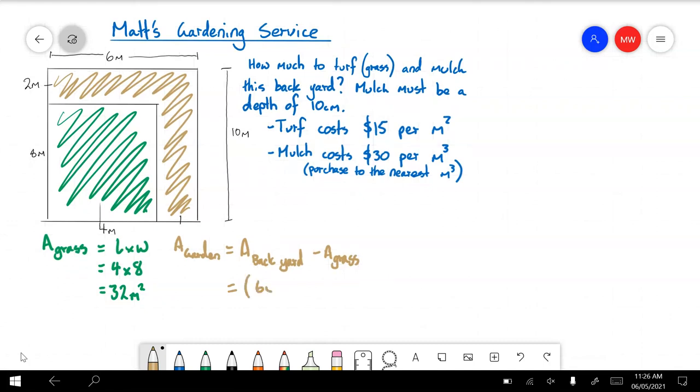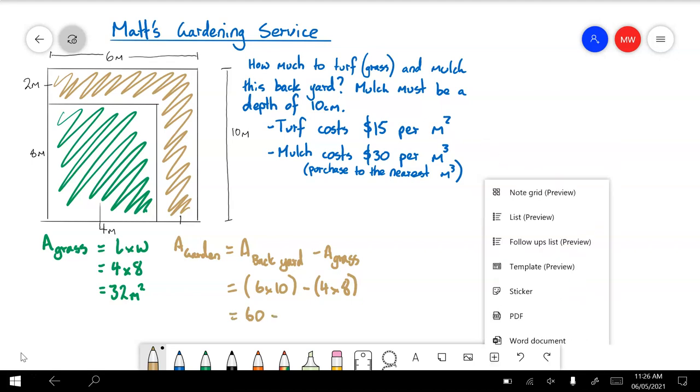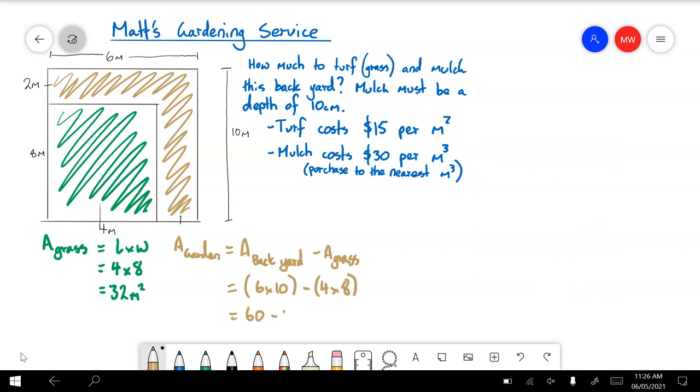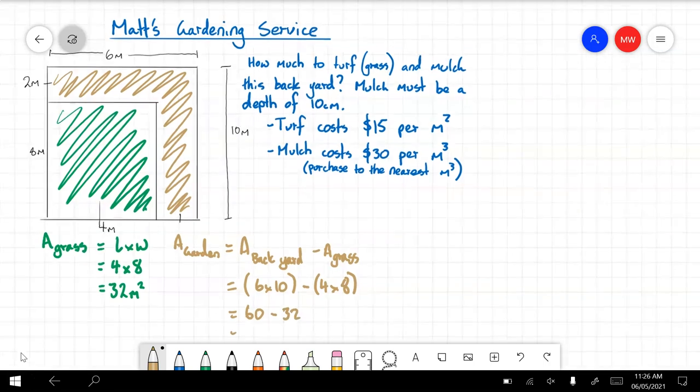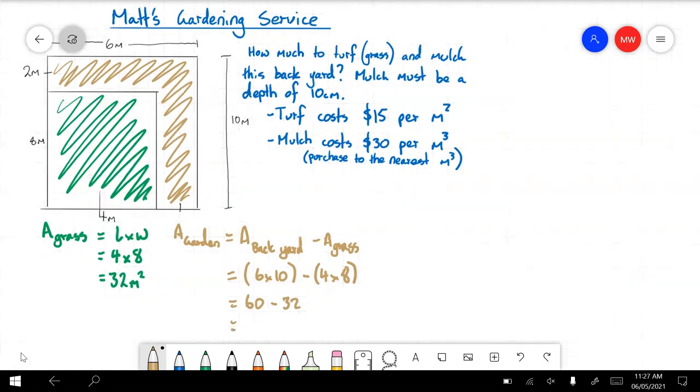It's 6 by 10. And we've already worked out the area of the grass, but for argument's sake, it's 4 by 8. And so that means we've got 60 minus 32, which is 28 square meters. All right.